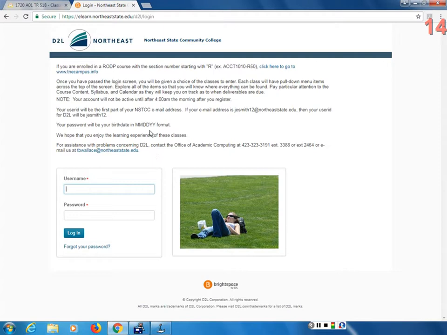Your password is going to be your birthday, month, day, year. And your user ID will be the first part of your Northeast State email address. If you don't know your email address, we can look it up once I get into D2L. So this is D2L.